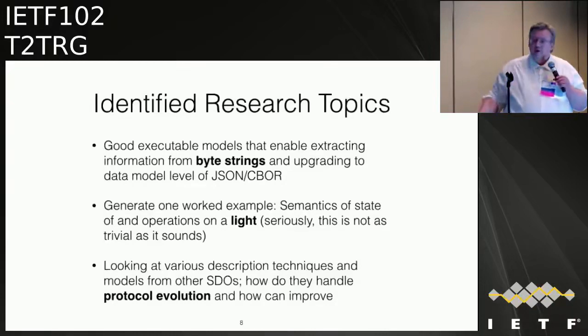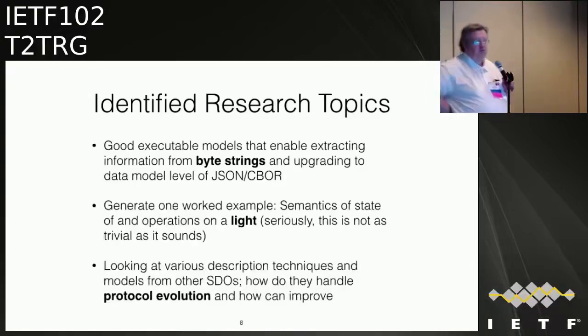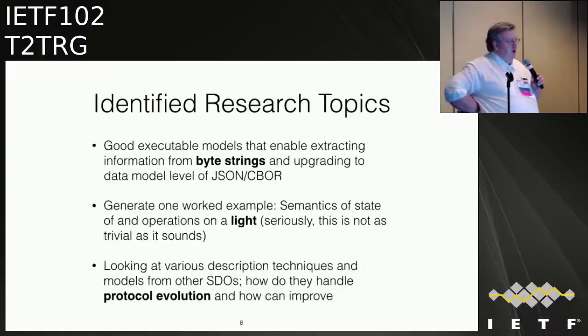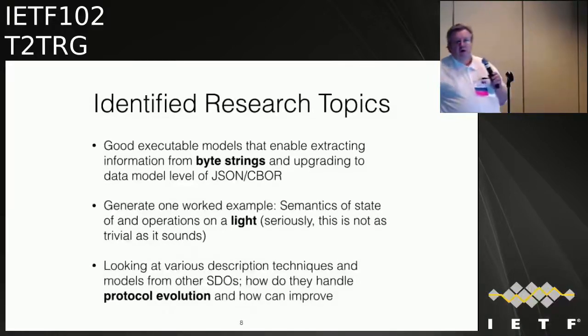And the third thing we noticed is we have this large set of description techniques out there, but it's not always clear how these description techniques handle protocol evolution. So how do you describe something that's changing? So yesterday when we talked about the IPSO data model, we started discussing, oh, there might be different versions of that IPSO data model, and how does that work?